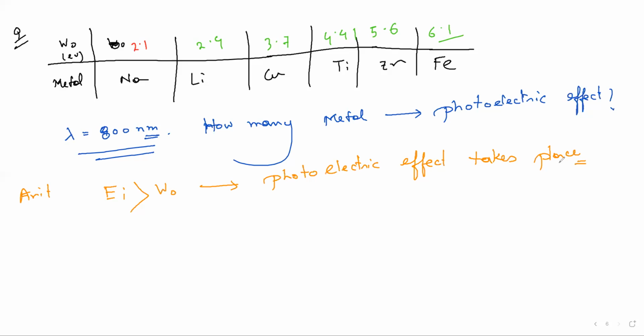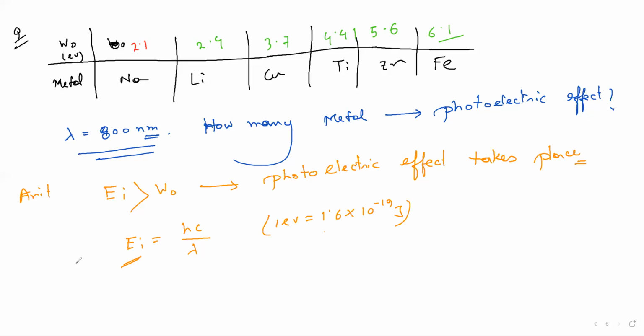So first find out the E_i value. How can you find it? hc by lambda. You know h, you know c, you know lambda. This value you get in joule. We all know that 1 electron volt equals 1.6 into 10 to the minus 19 joule, so you have to convert into electron volt.